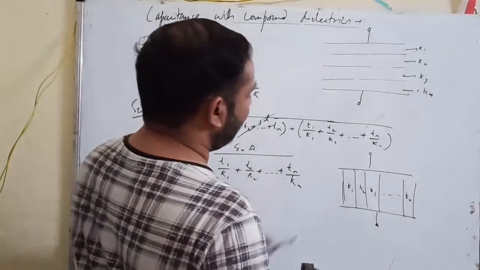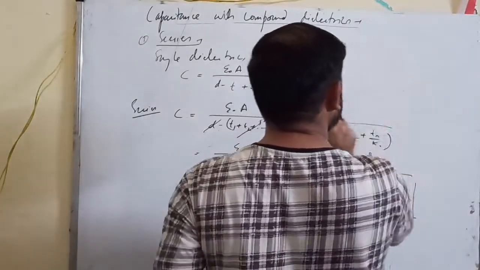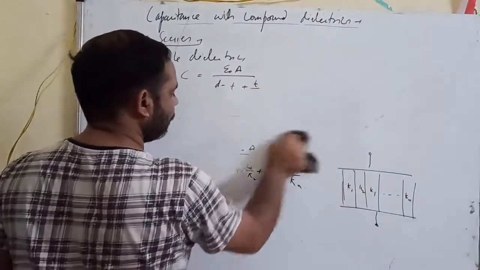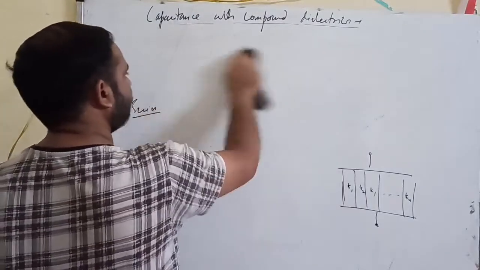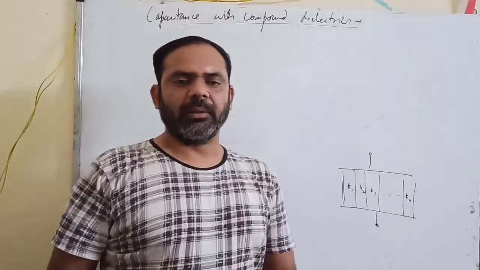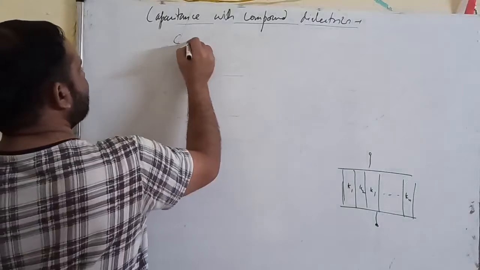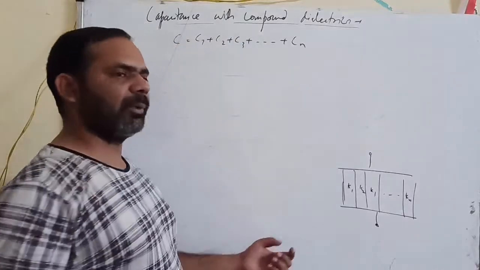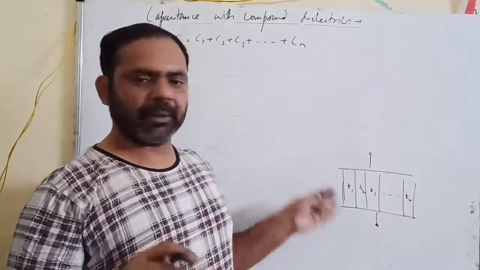Now we move on to the parallel combination. As we already know, in case of a parallel combination, C equals C1 plus C2 plus C3 plus Cn. The sum of the individual capacitances will be equal to the total capacitance of the arrangement.